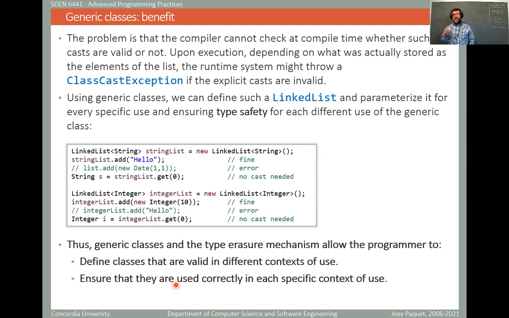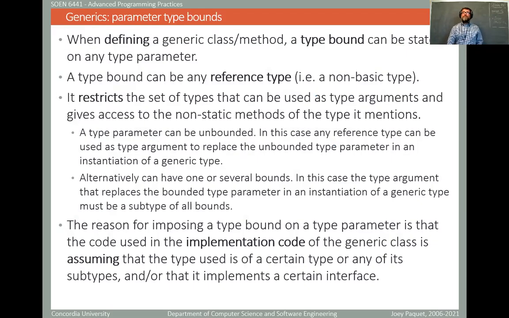That's the real goal of generic programming: that you can write a piece of code, a class, that can be used for different types when necessary, and that the compiler can check for every possible usage of this generic class that it is properly used.